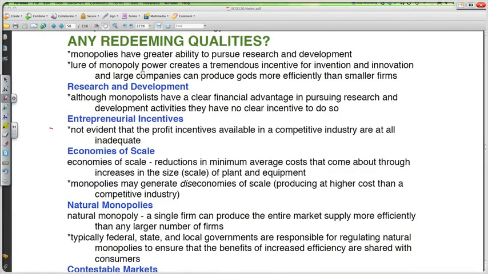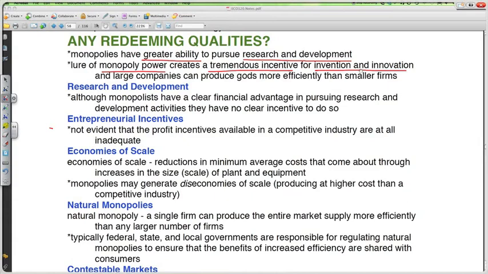So for any redeeming qualities possibly, monopolies do have a greater ability to pursue research and development. And the lure of that monopoly power, so that amazing profit, does give a very large incentive for invention and innovation up to the point where they become a monopoly.